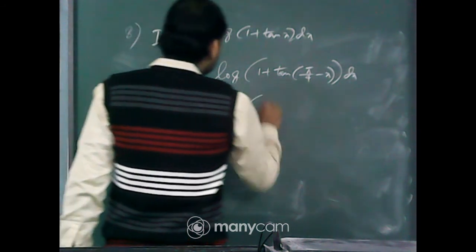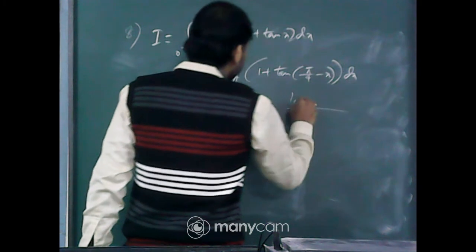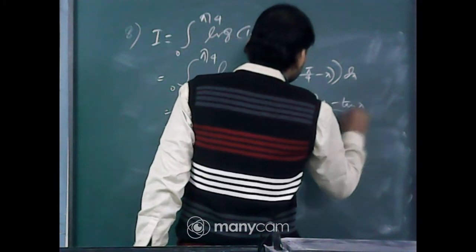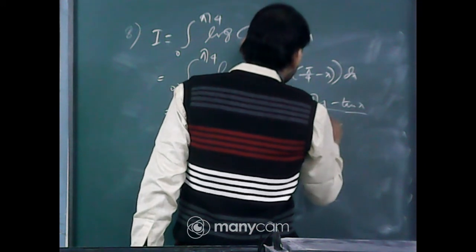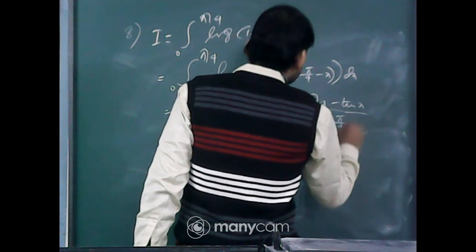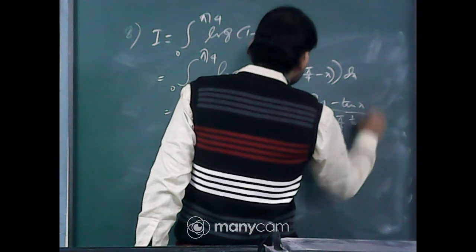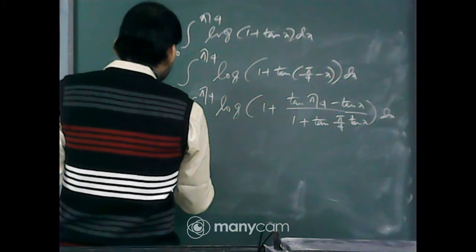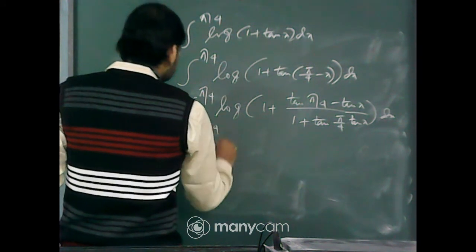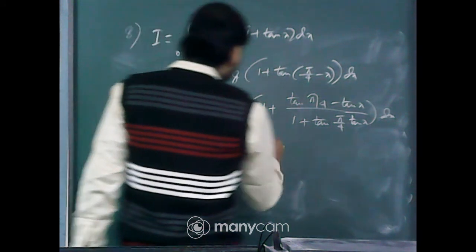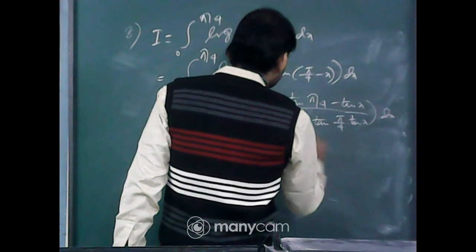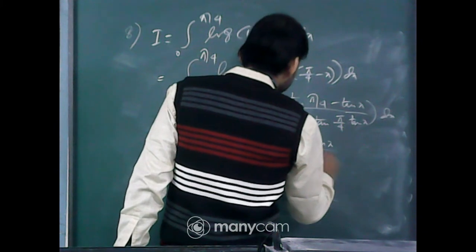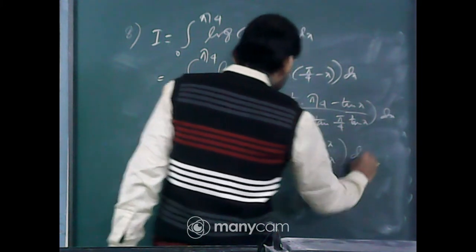Log 1 plus (tan pi by 4 minus tan x) by (1 plus tan pi by 4 into tan x) dx. That means integration 0 to pi by 4 log of 1 plus (1 minus tan x) by (1 plus tan x) dx.